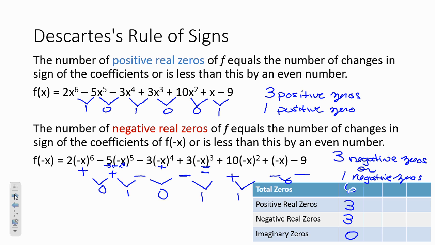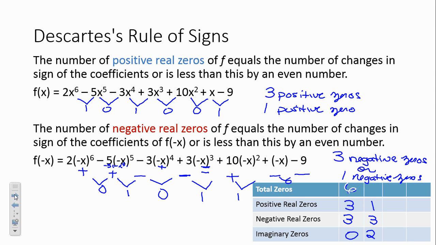Or maybe we only have 1 positive real zero and still 3 negative real zeros and 2 imaginaries.